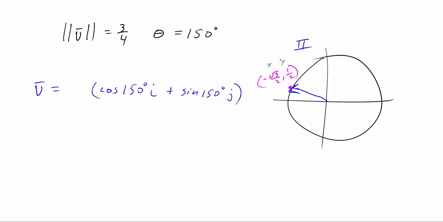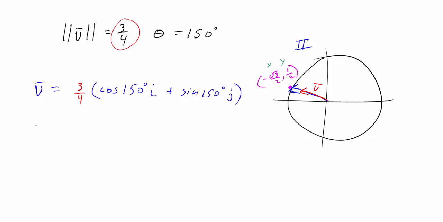But remember, we want to have a magnitude of 3/4. So that means we're simply going to multiply this unit vector by the magnitude of 3/4. And what that means is we're only going to look at 3/4 of this as the vector that we want. So it's not going to be even a unit long, it's only going to be 3/4. So it's not going to make it all the way to the end of the unit circle.